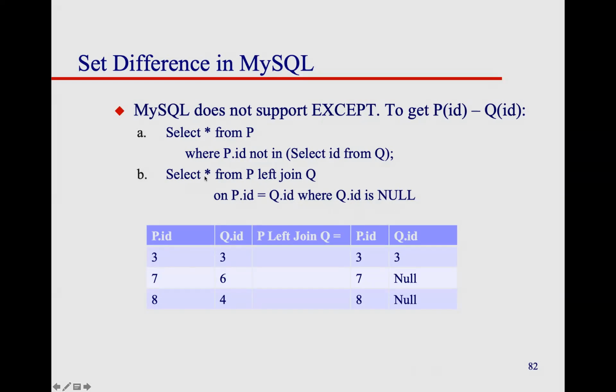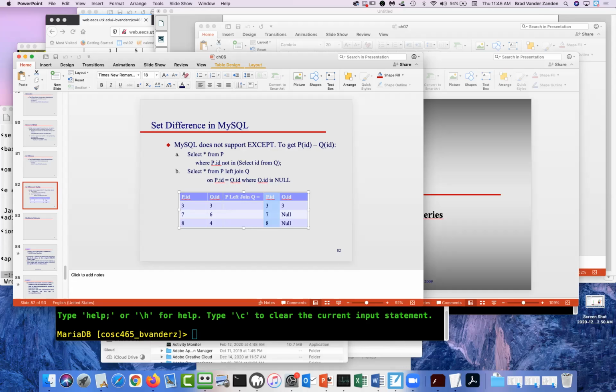I really need to say select P.ID, because otherwise you would get a table that would be 7 null and 8 null. So in fact, to make this one work, it actually has to be select P.ID. You're right. This will make the tables be the same.